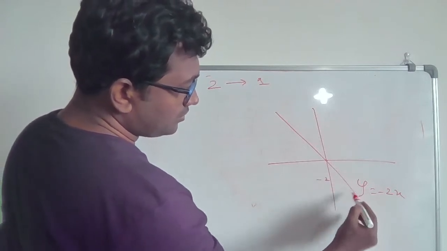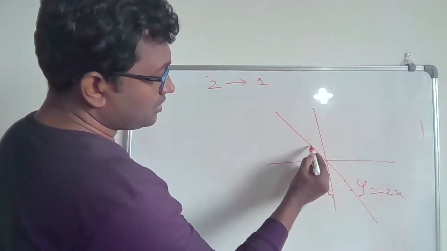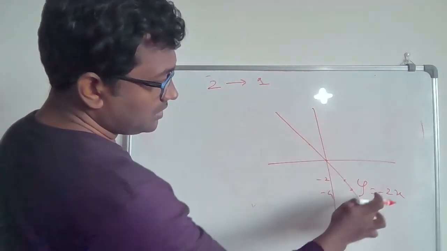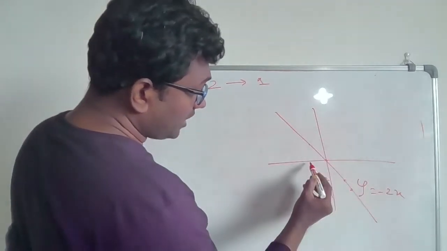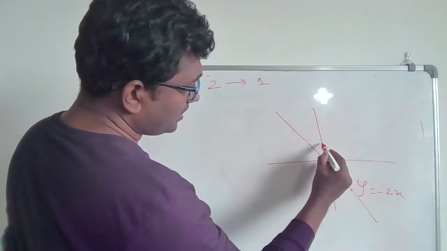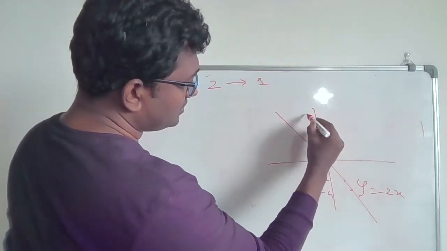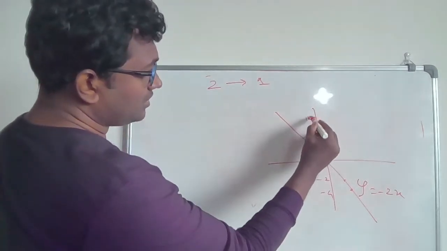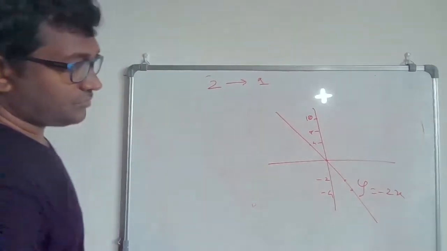When x is equal to 2, let's say minus 4. And when x is equal to minus 2, it becomes 4. This is the equation of this line.